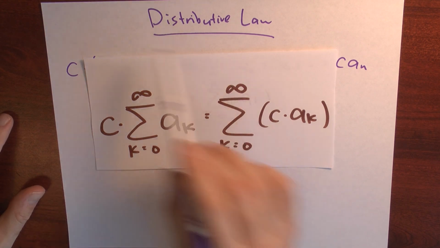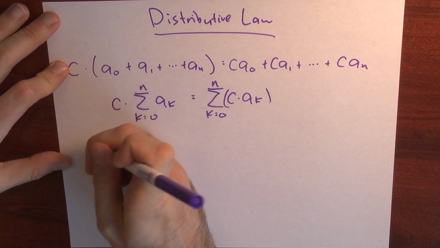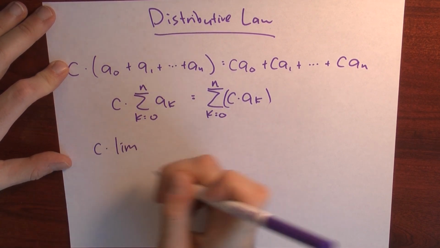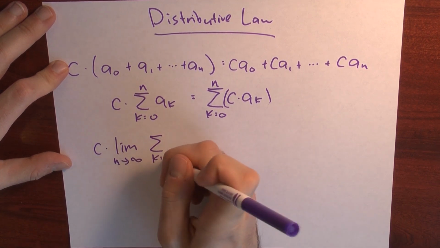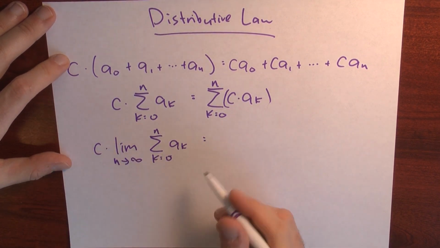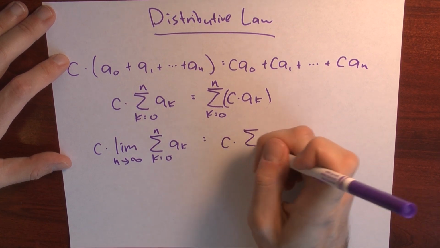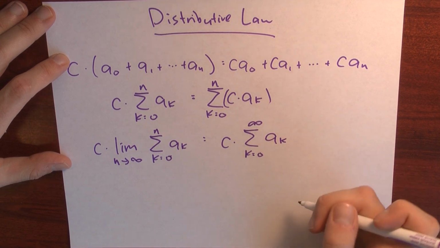Well, it's more than just the distributive law. Let me show you. So I could write down c times the limit as n approaches infinity of the sum k goes from 0 to n of a sub k. And by definition, this is c times the infinite series k goes from 0 to infinity of a sub k.